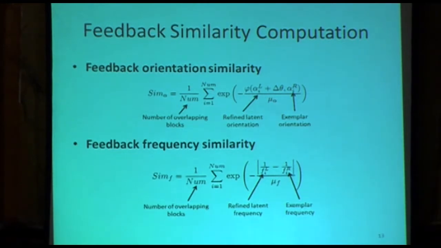You just use the exponential distribution, and over each overlapping block, you sum them up and divide. This is the idea of computing the orientation similarity. Similarly for frequency, you compute the absolute difference in the frequency, and use the exponential distribution again to generate a frequency similarity.